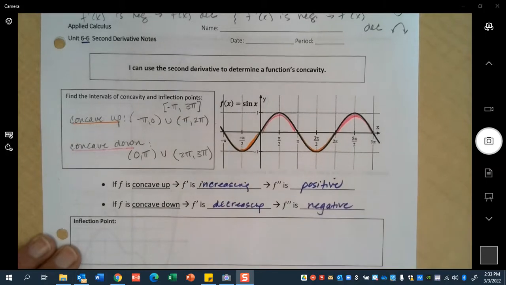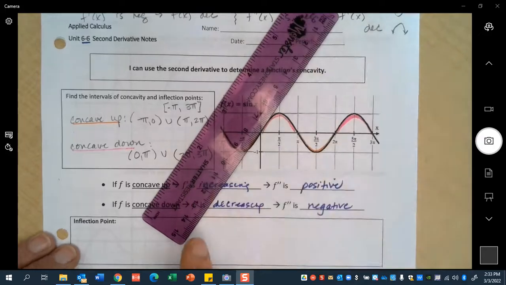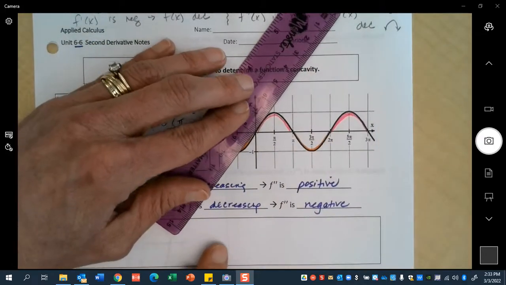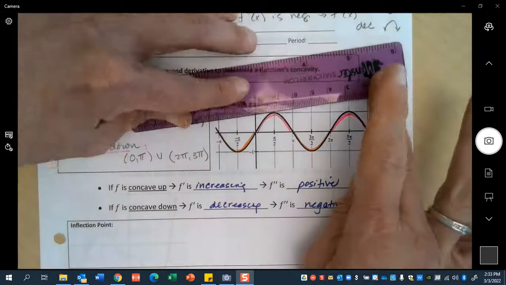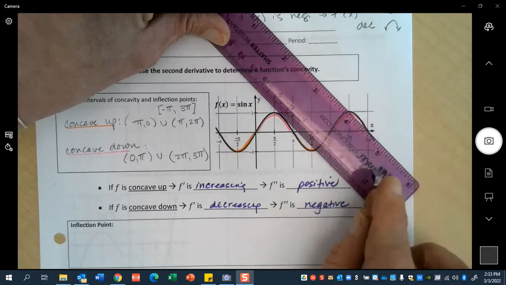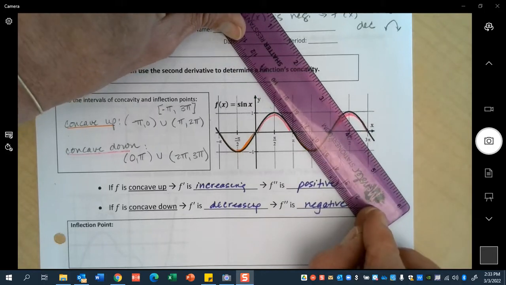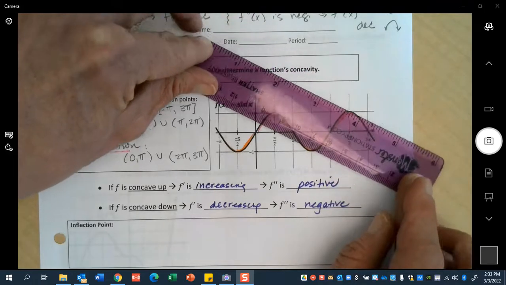So if you look at where my derivative value is getting smaller, here I'm positive, but I'm getting smaller and smaller till I hit 0. And then I'm getting smaller and smaller until I stop getting smaller, and then I start getting bigger again.